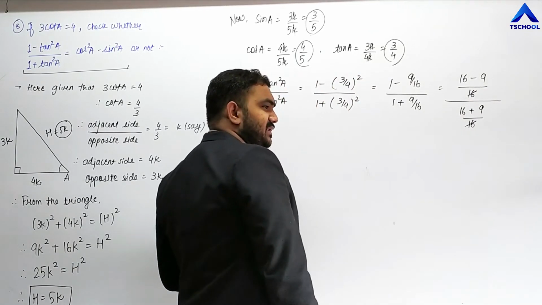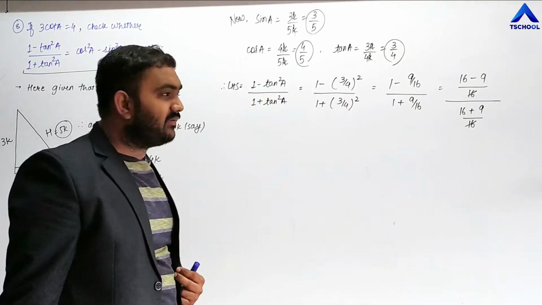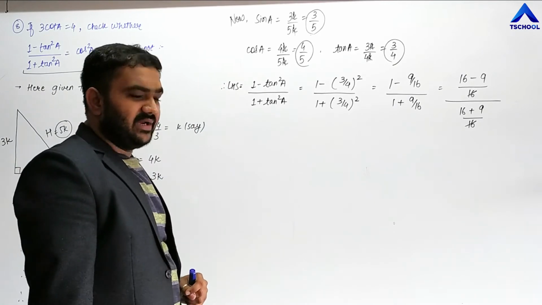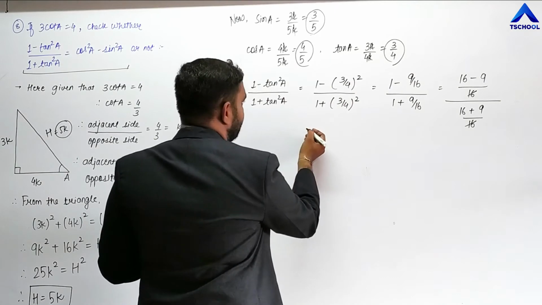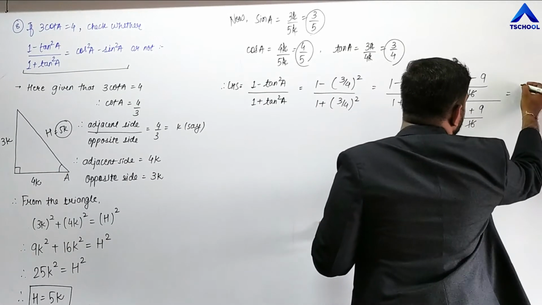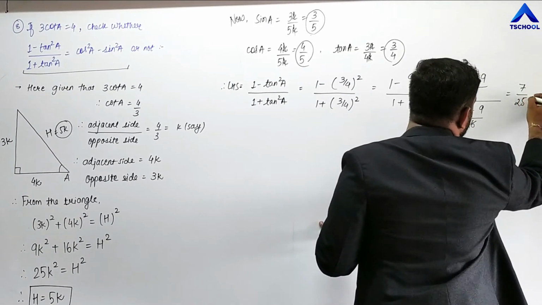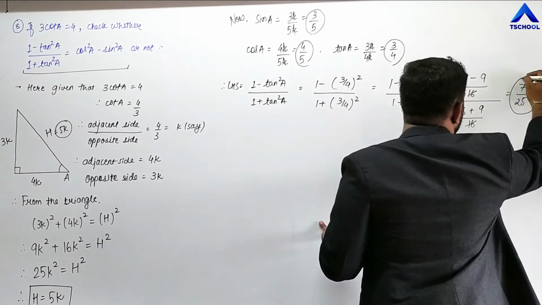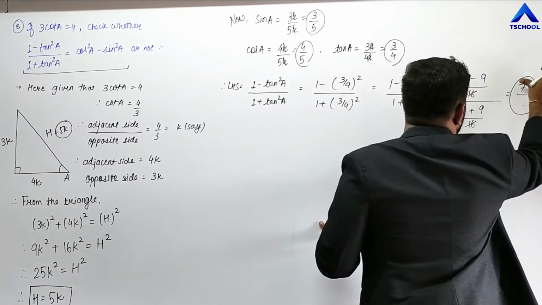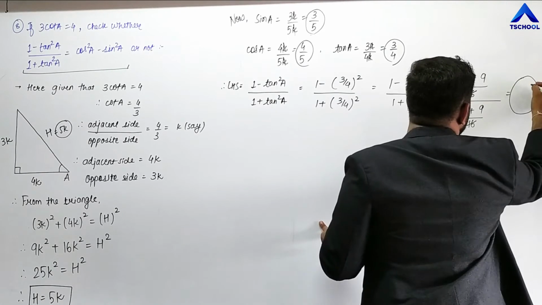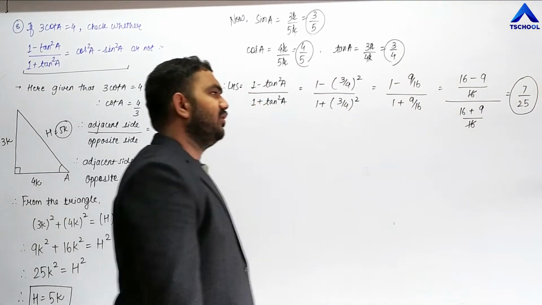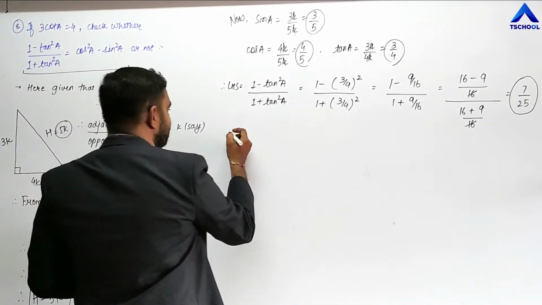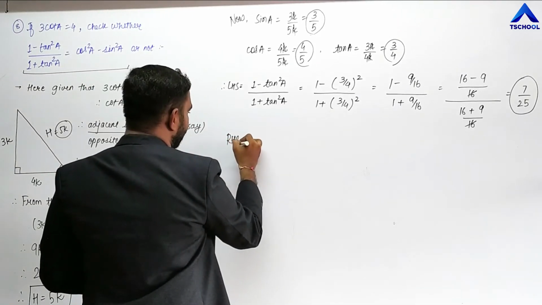So friends, 16 minus 9, that is 7, and 16 plus 9, that is 25. So the answer to this ratio, 1 minus tan square A upon 1 plus tan square A, is 7 upon 25. And let us check the RHS also.